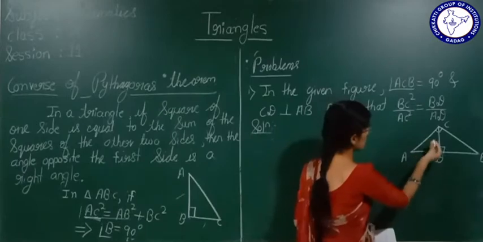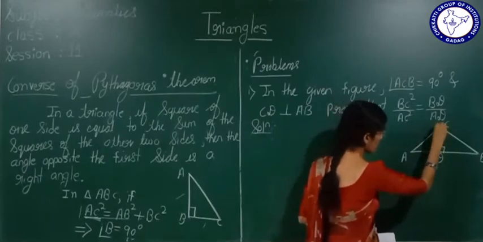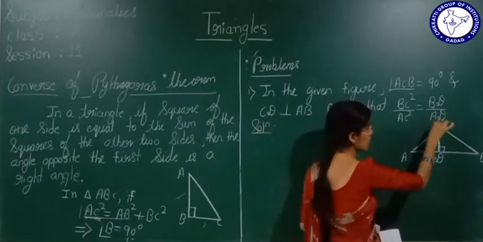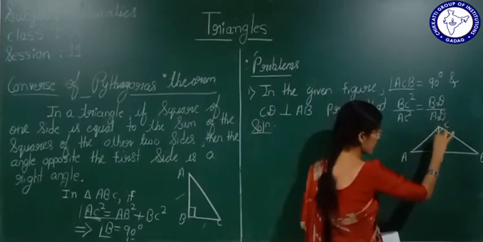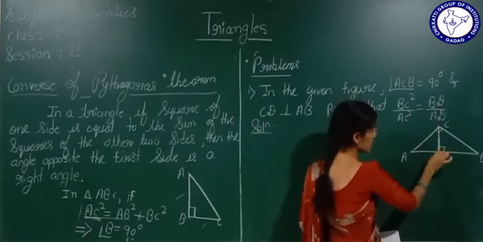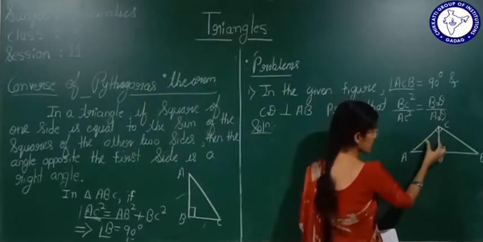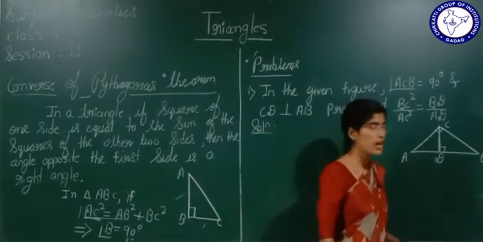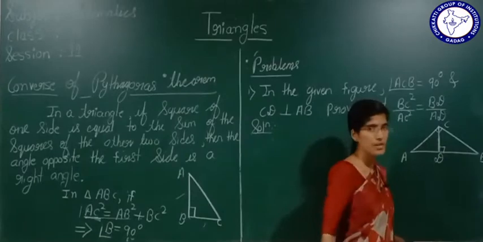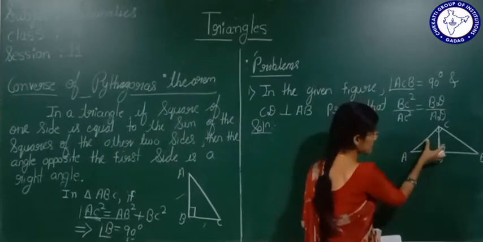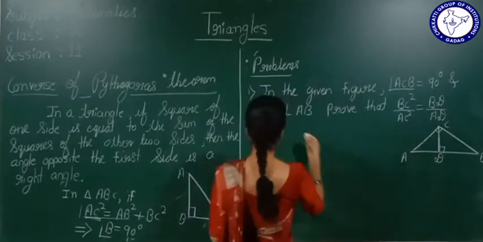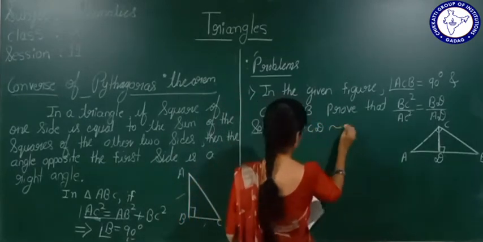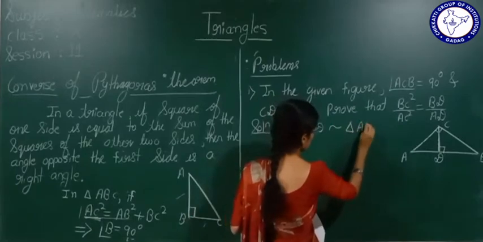Now see students, if a perpendicular is drawn from the vertex of the right angle of a right triangle to the hypotenuse, then the triangles on both sides of the perpendicular are similar to the whole triangle, and these two triangles are also similar. This triangle is similar to the whole triangle. We can write triangle ACD is similar to triangle ABC.